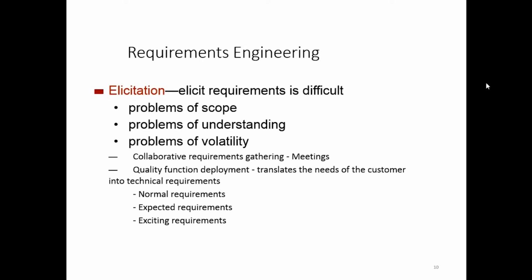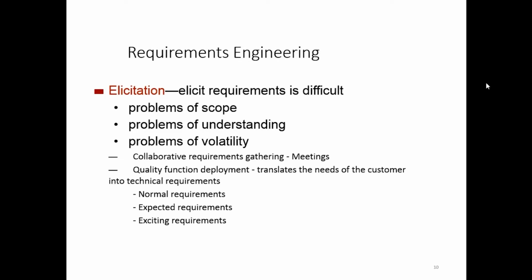Okay, after that, the exciting requirements. Exciting requirements are some kind of features that go beyond the customer's expectation and prove to be very satisfying when they are presented to the customer.